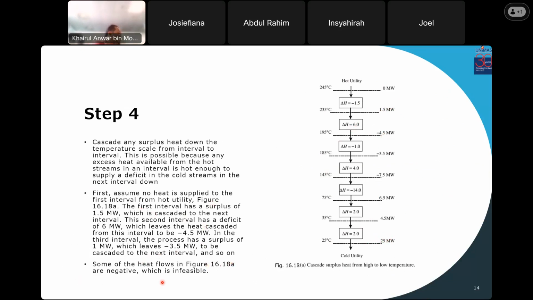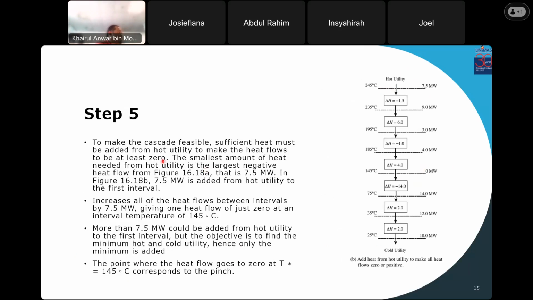Some of the heat flows in Figure 16.18a are negative, which is infeasible. We covered yesterday, when there's a negative, we need to choose the highest negative, the biggest number. That number will be added to the hot utility to make the cascade feasible, with sufficient heat.